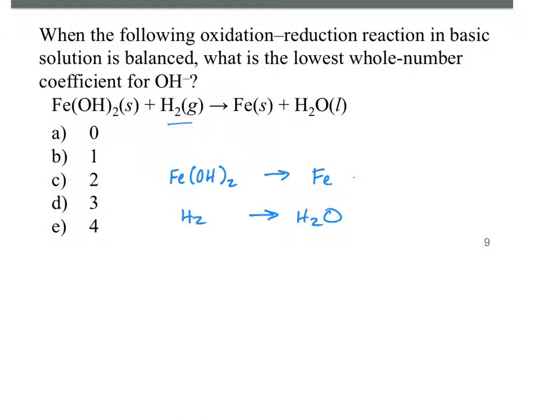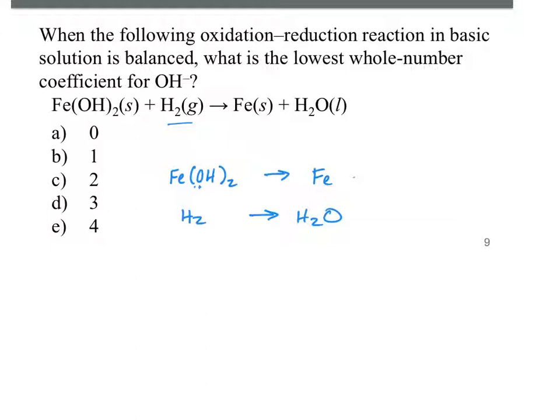Okay. Now we're going to balance for atoms other than oxygen and hydrogen. So for the first half reaction, the only option there is iron, and it's balanced. In the second half reaction, there aren't any, so we'll ignore that for now. Then we balance for oxygen. We've got 2 oxygen on the reactant side in our first half reaction.